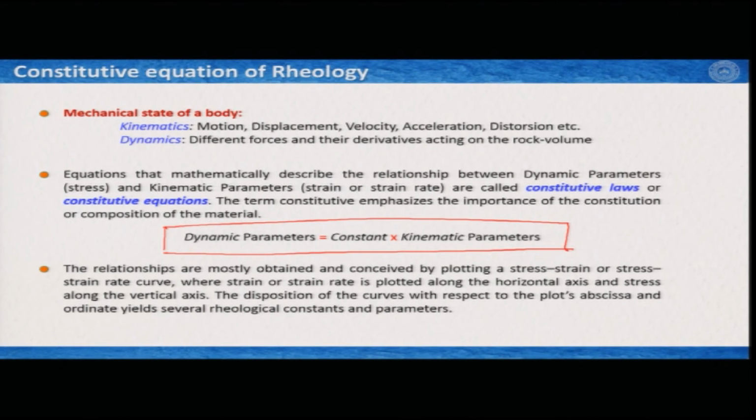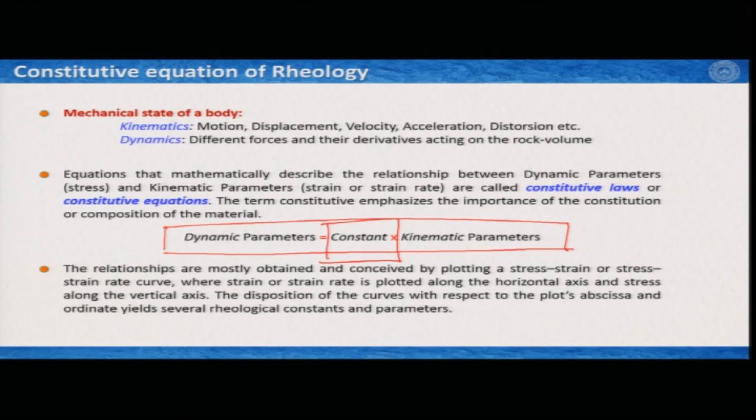Now, in earth sciences or in many other subjects including structural geology, in the rheological relationship it is particularly the constant, finding the constant is the challenge, and these are mostly obtained by deformation experiments at various conditions in the laboratory.